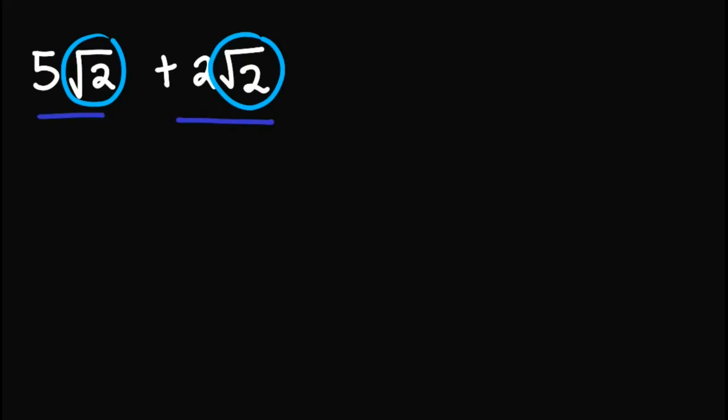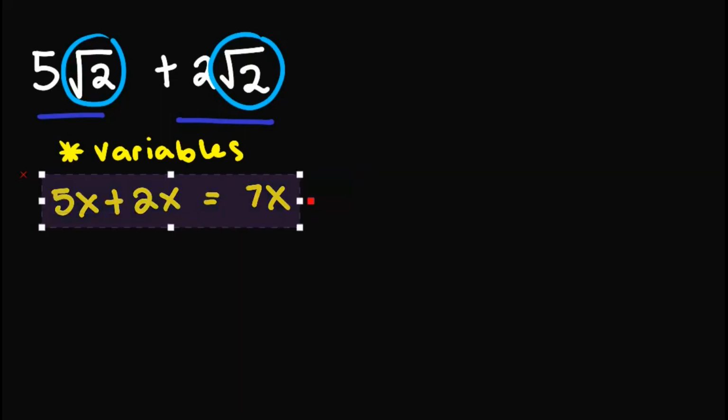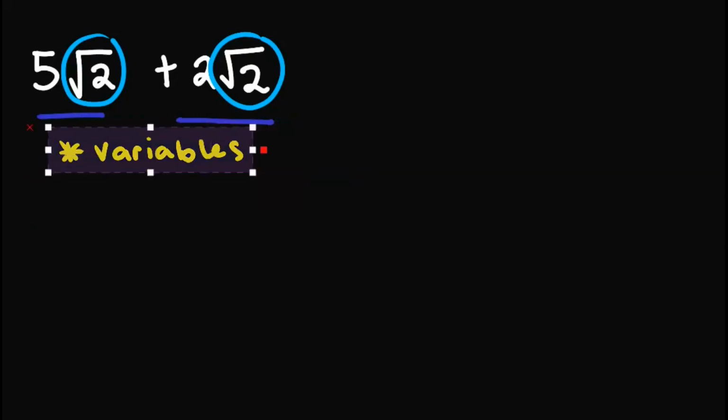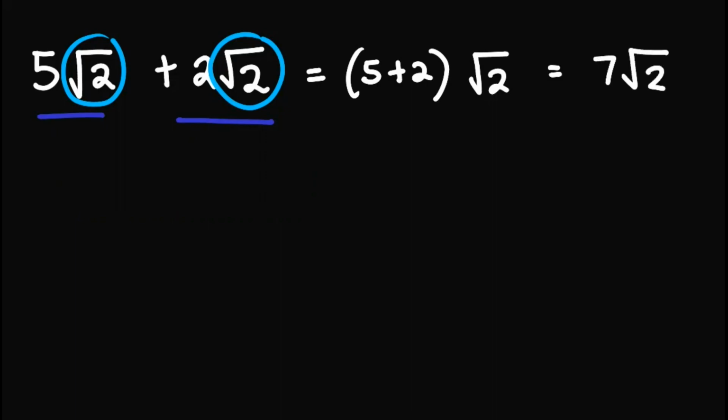What we do is we treat these radicals like variables. So recall that in adding variables, if we have like 5x plus 2x, then the outcome is simply 7x. So we add the coefficients. So for this one, adding their coefficients, that will be 5 plus 2 square root of 2, or simply 7 square root of 2.